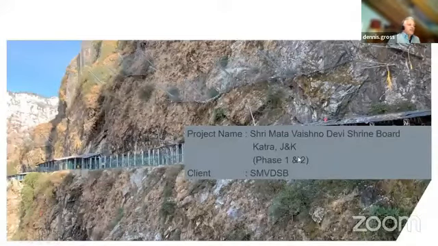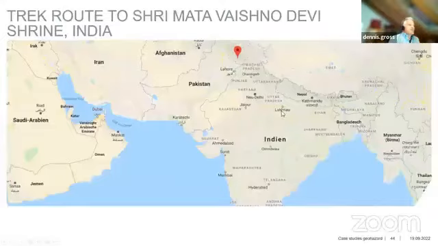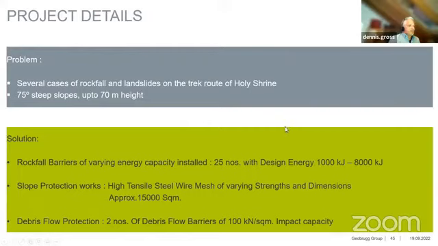Another project which I would like to show to you is this Vaishnu Devi shrine project, which is located here in the upper north of India. That Vaishnu Devi shrine is one of the most important pilgrimage places for Hindus, and they have something like 11 million visitors per year.